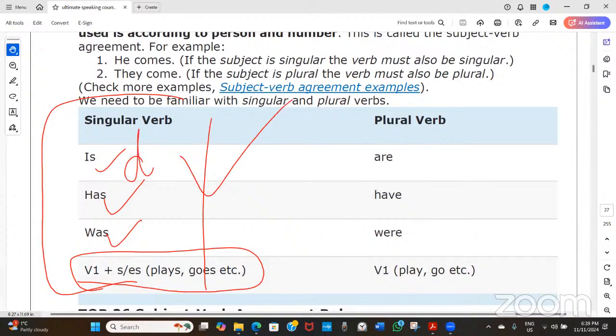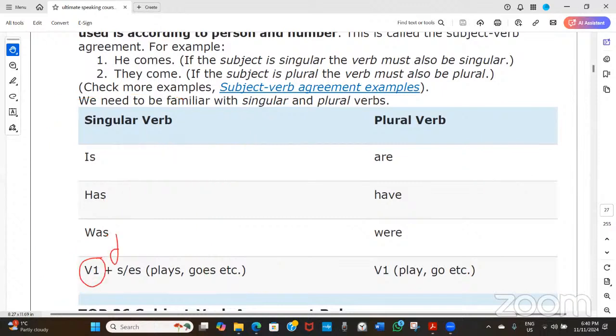Something that is missing here is does. Here will come do; they can come as action verbs, that's why they are not written here. It's given over here: verb's first form do, then s or es. When we add that, we say it's a singular verb.